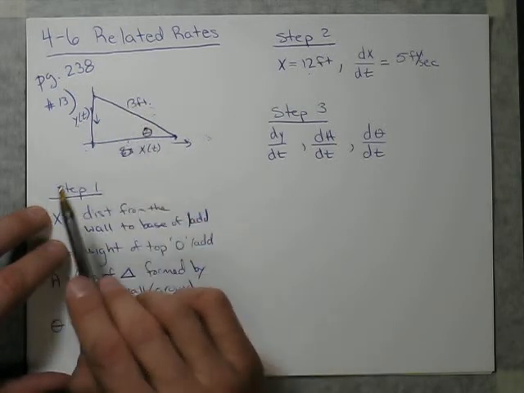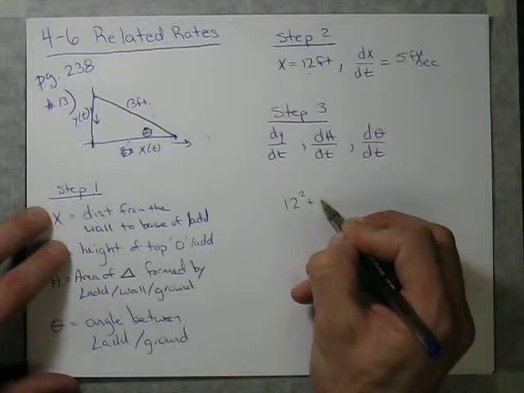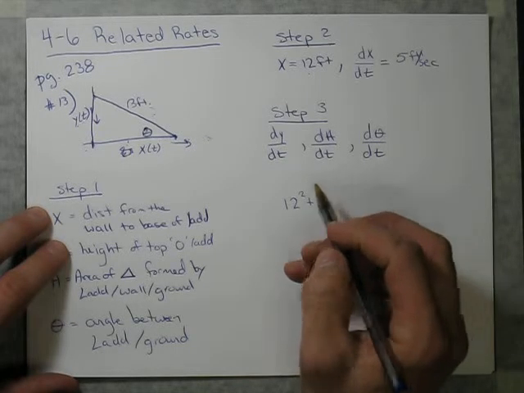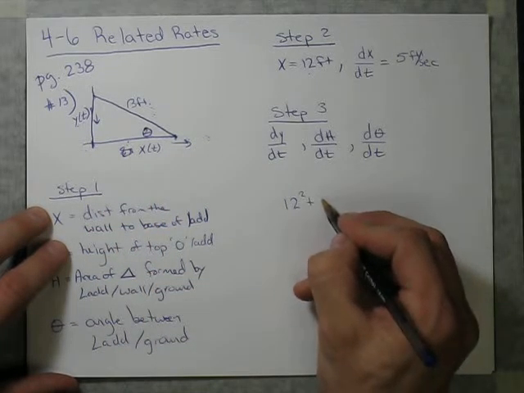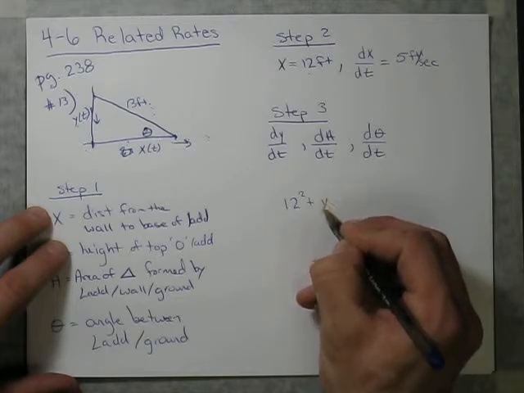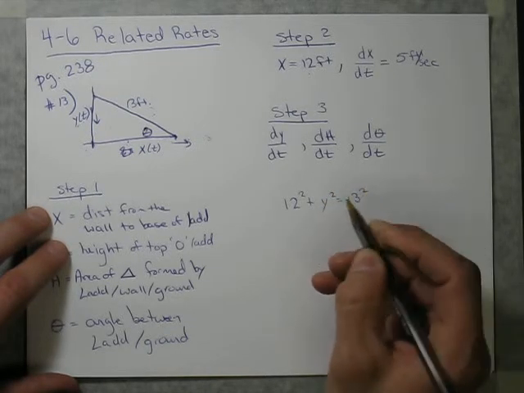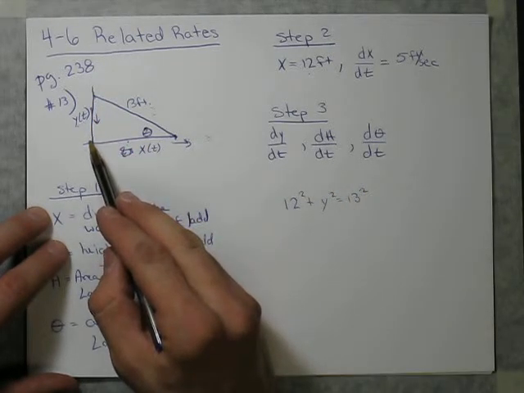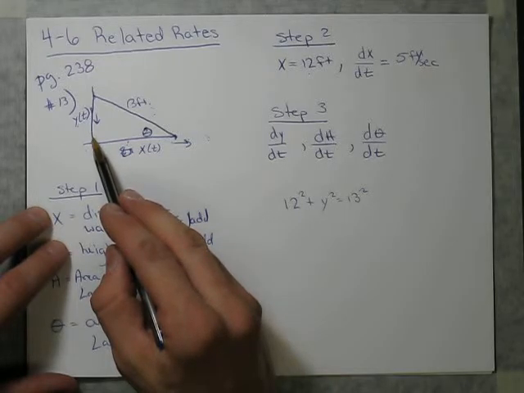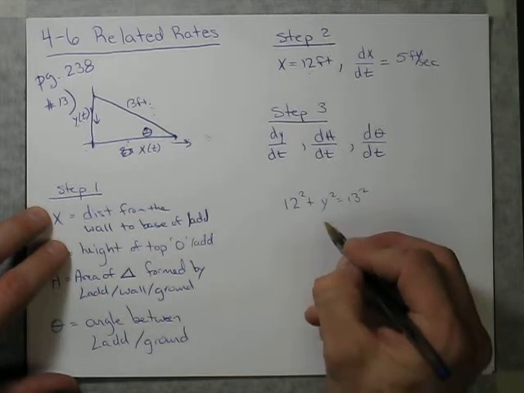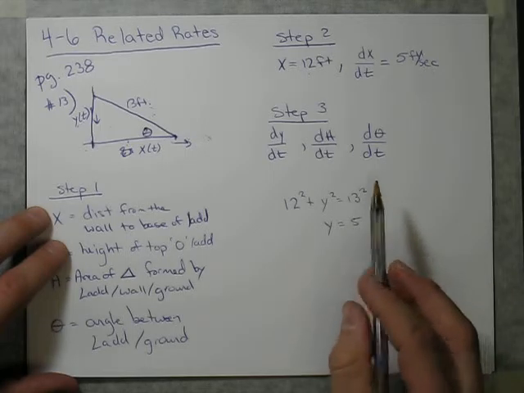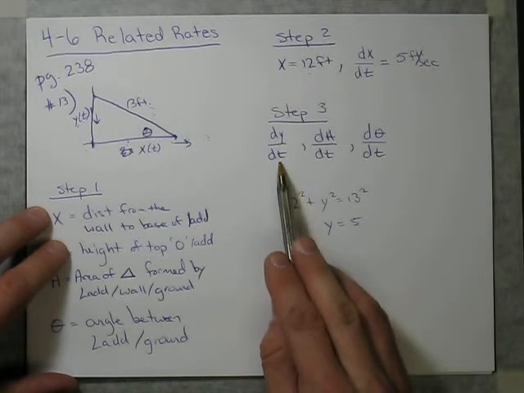Pythagorean theorem, right? I can't do that because 12 squared, the base, plus the height, y squared, is equal to 13 squared. I could find out what that is. Y would be equal to 5 at that moment, but that does not tell me what the change in y is compared to the change in time.